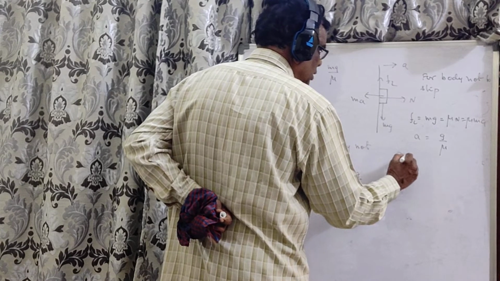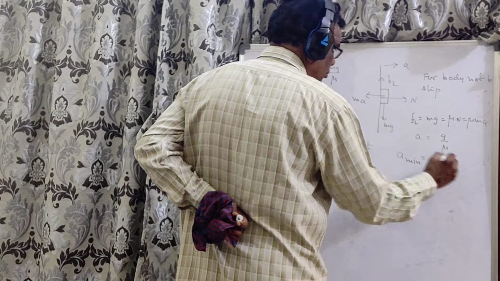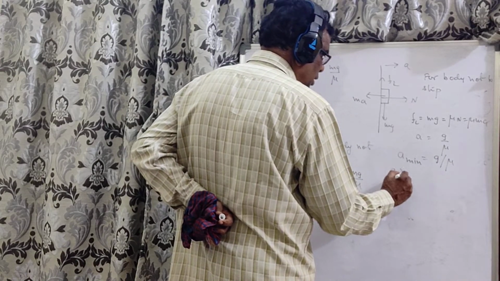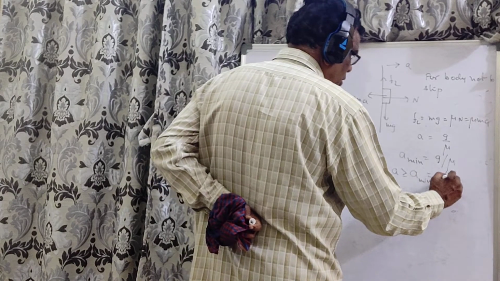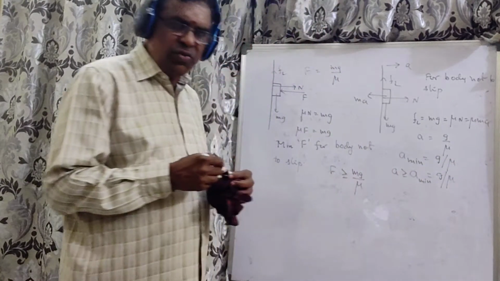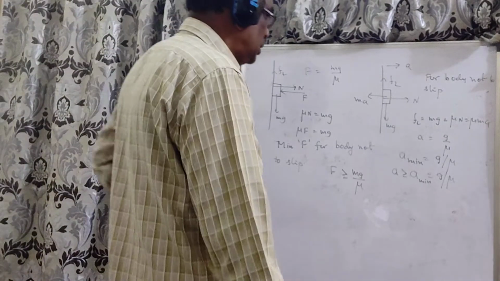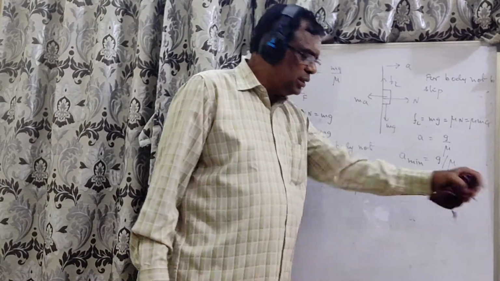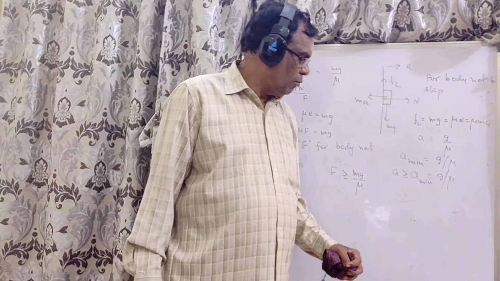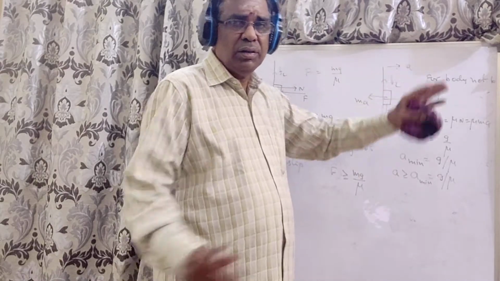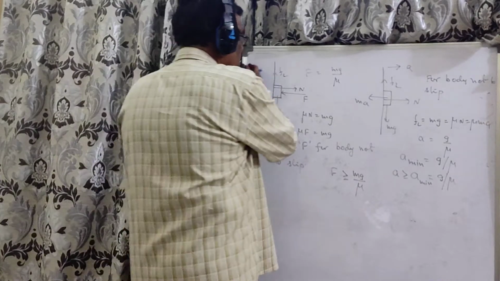So this is A minimum, and A must be greater than or equal to A minimum, equal to g by mu. For the body not to slip, the minimum acceleration is g by mu. If you go with more, it will never slip. This is about the vertical case. Okay?